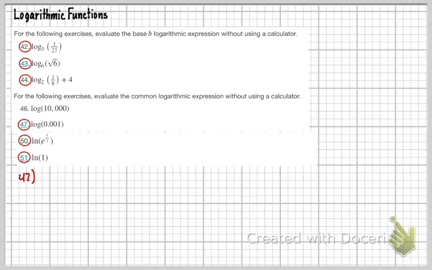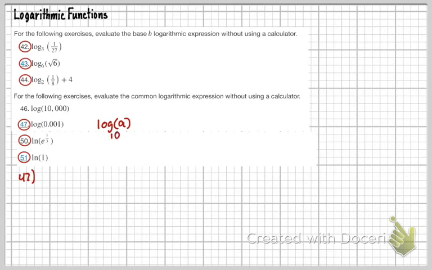So now for 47, there are a few different ideas here that I must address before we continue. One of them is when I see log of a number, call it A, and I don't see a base. There's no base here, so it's understood to be 10.